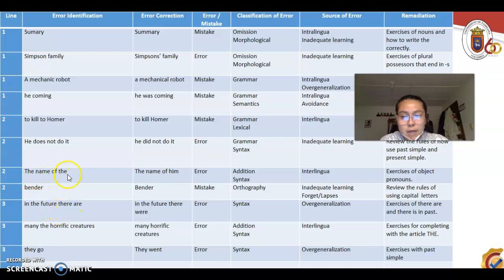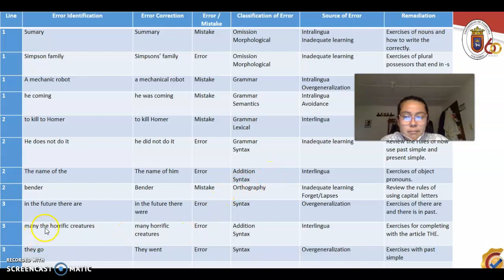So the last error also is mixed with the name of the, in the future many the horrific creatures. So in this case the student uses in a bad way this article, because in the first one, the name of the, he thinks that the means him as a person. So it's an error of addition and syntax, because it's affecting the sentence.